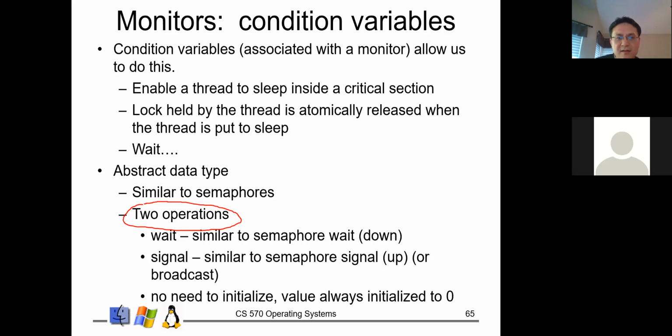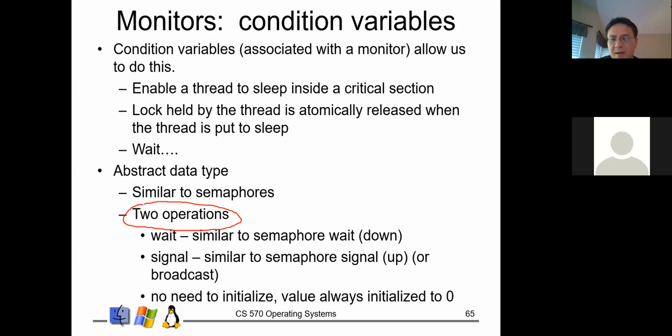And on the signal operation, if the condition variable does not have any process or thread waiting, then the signal operation on the condition variable would do nothing. Remember in the semaphore case, we would increment the semaphore integer. But here with the condition variable, if there are no blocked processes or threads on the queue, then nothing would happen.